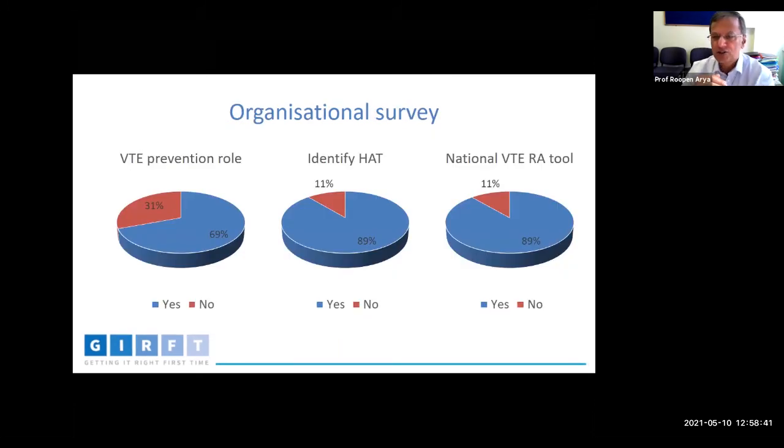The organizational survey threw up many interesting findings. Nearly a third of the hospitals did not have a VTE prevention role, which was worrying. The majority of hospitals, but not all, identified cases of hospital-associated thrombosis, and nearly 90% of hospitals still used the national VTE risk assessment tool, remembering that the latest NICE guidance does allow the use of other published tools.